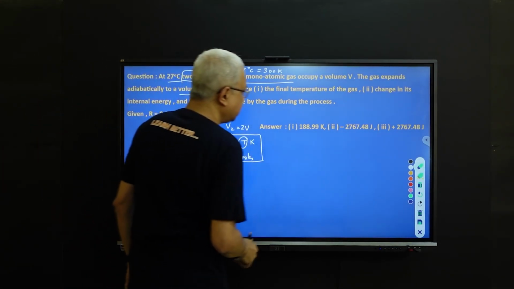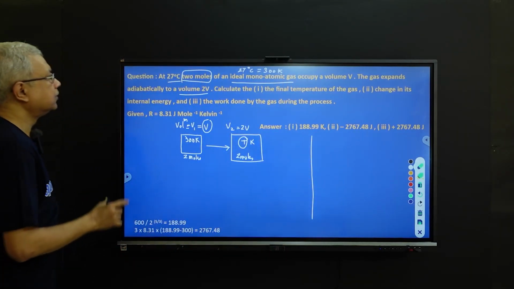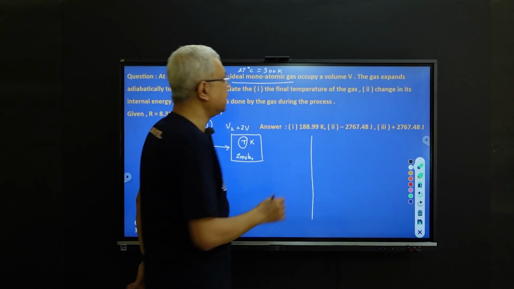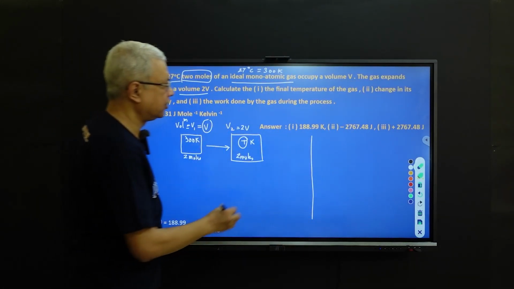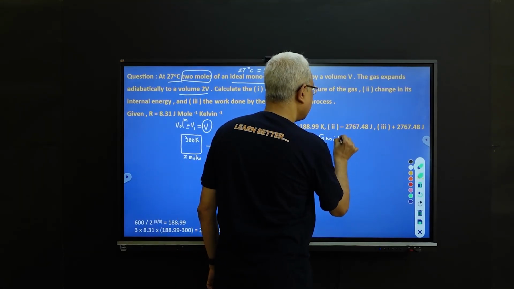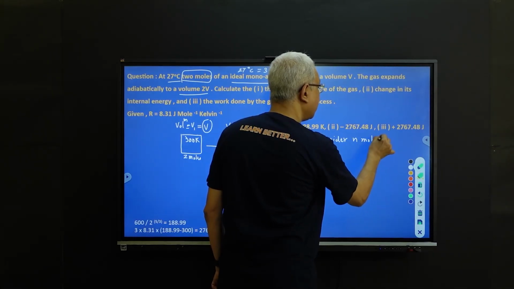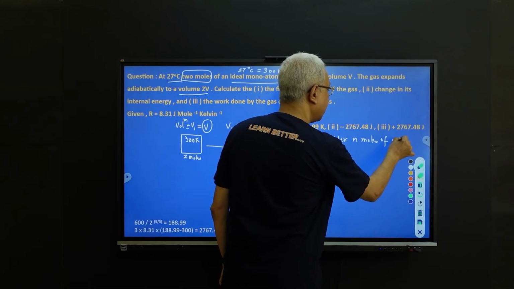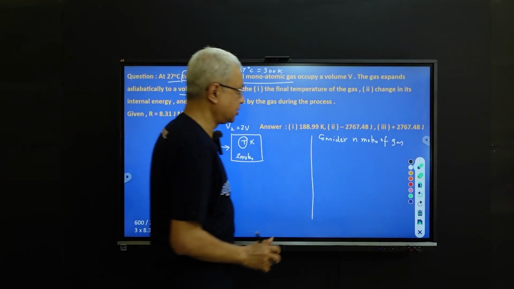So before we proceed, let us calculate what is the molar specific heat for an ideal monoatomic gas. Consider n moles of gas, which is a monoatomic ideal gas.